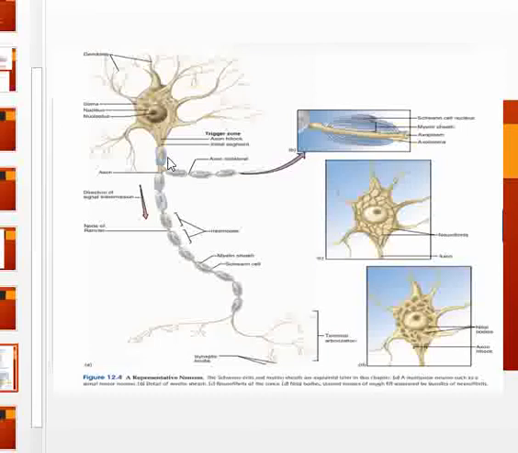The cytoplasm of the axon is called the axoplasm, and you can see it there. The membrane which surrounds it is what we call the axolemma, the membrane that bounds the cytoplasm of the axon, the axoplasm. And then we have a neuron that may have more than one axon, and some neurons may have only one or none.